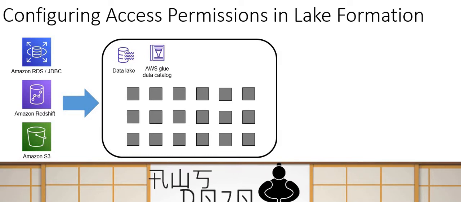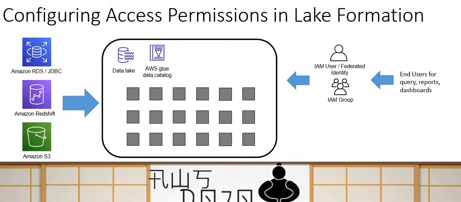After that, you start assigning access permissions for these individual tables and databases in the data catalog. For setting up the permission, you provide permission at the user or identity level. It could be an IAM user or any kind of federated identity, or an IAM group. These principals are generally used by end users who want to query data from the data lake, or who want to see reports or dashboards fetching data from the data lake.